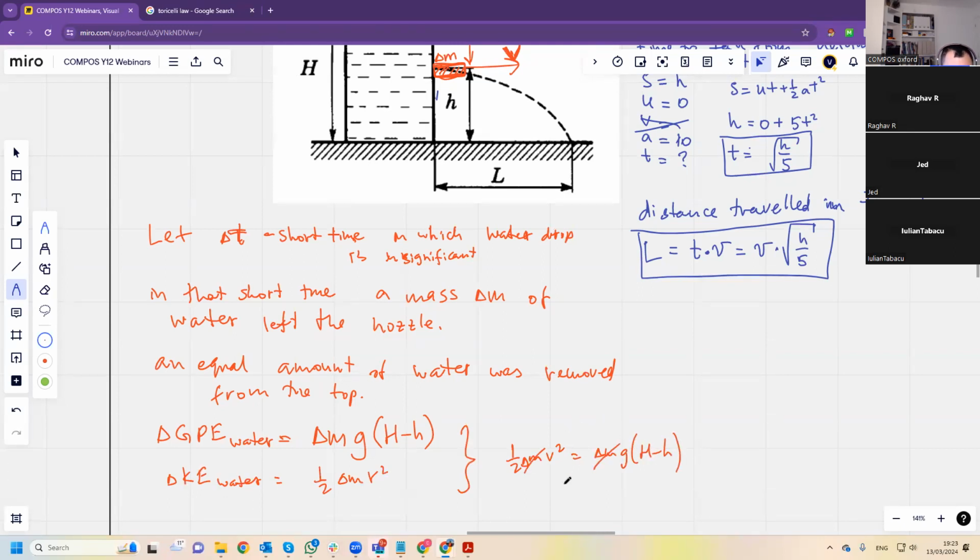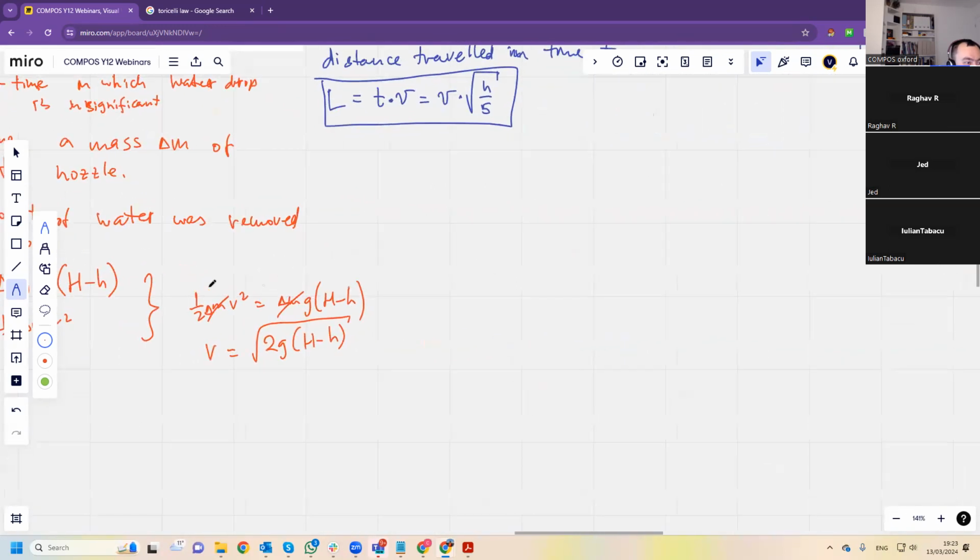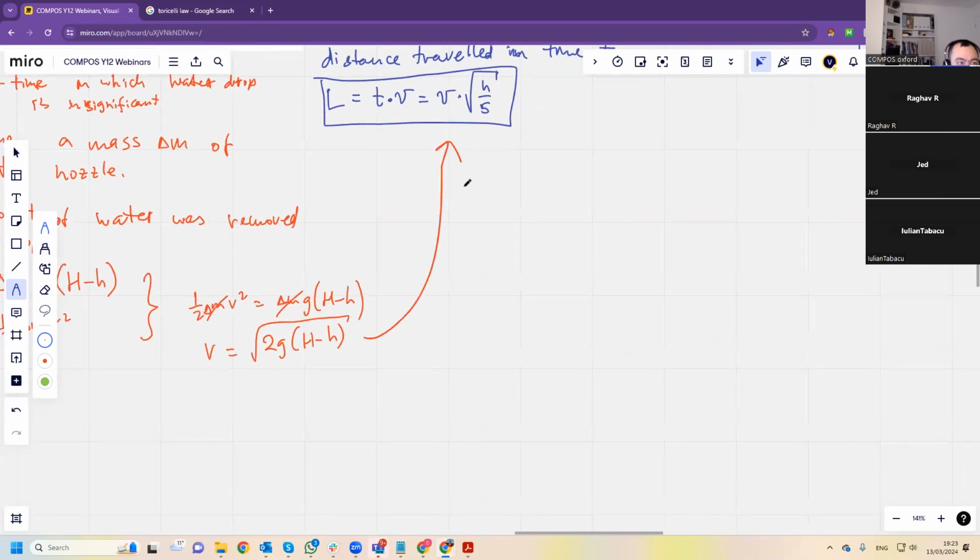Delta m cancels and we have v equal to the square root of 2g (H minus h). Nice. Finally, we can use that in the expression for L.